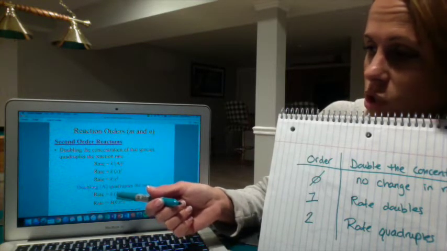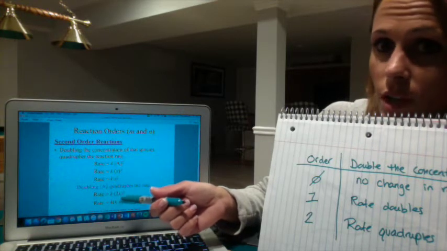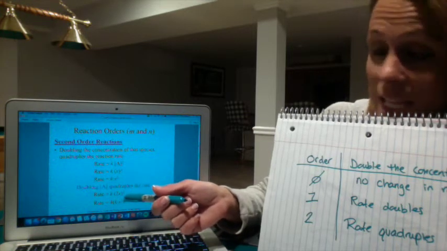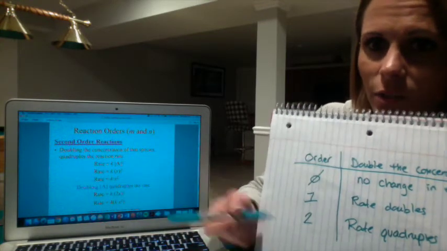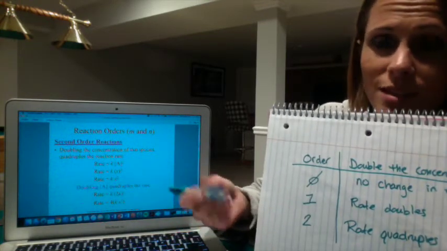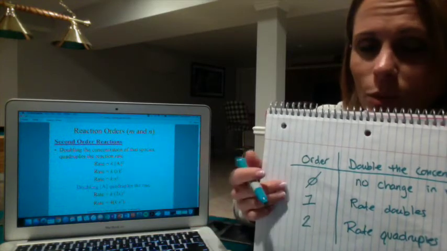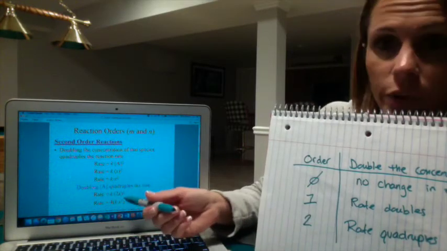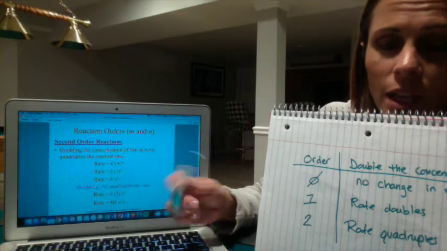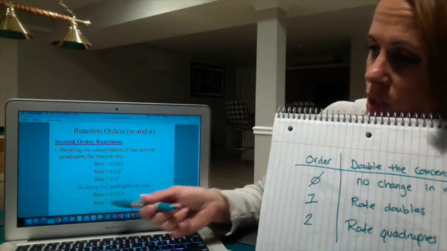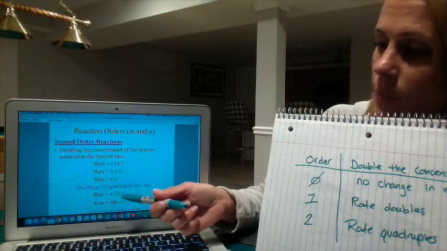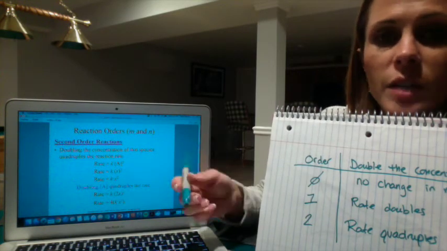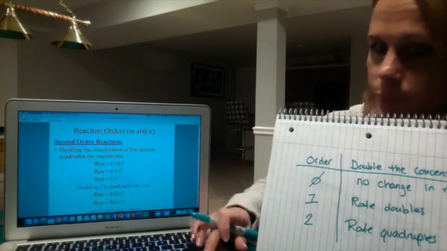So if we did 2 times 2 times 2, we get 8. So our rate would increase by a factor of 8. I don't know what the correct word would be because double, quadruple, 8. That's what it would be. If it was a fourth order reaction, consider what that would be. So really just use this equation, if I give you a multiple choice question to evaluate what the rate would increase by a factor of a certain amount.